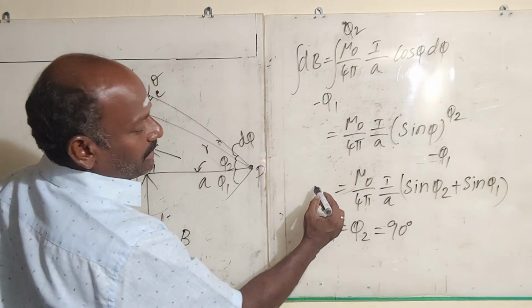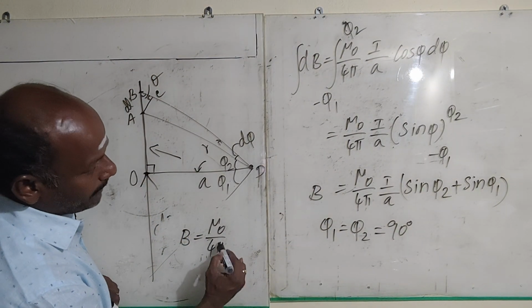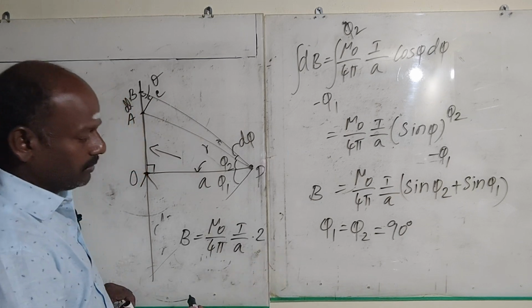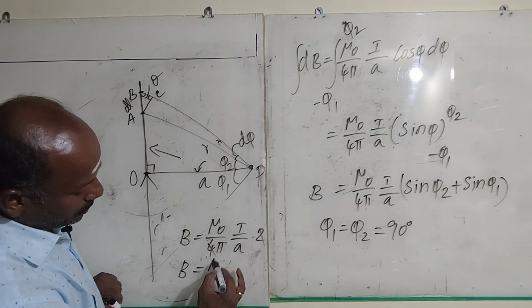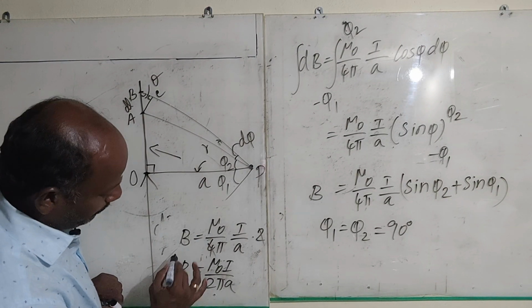If I integrate dB, I will get B. So B will be equal to mu naught by 4 pi into I divided by A into 2. I can cancel this 2. Finally, B will be equal to mu naught I divided by 2 pi A.